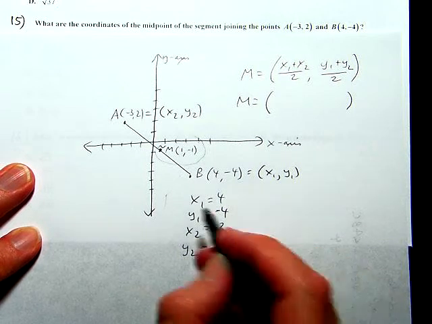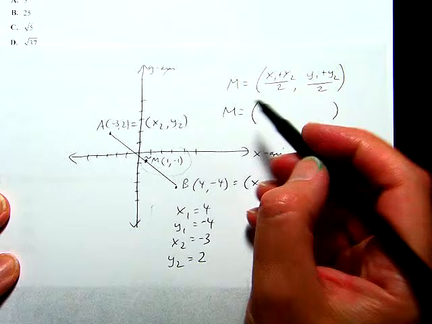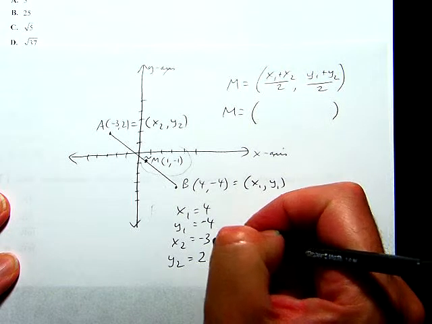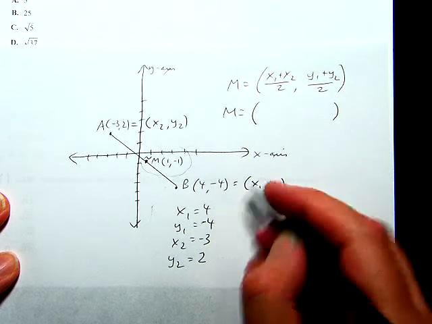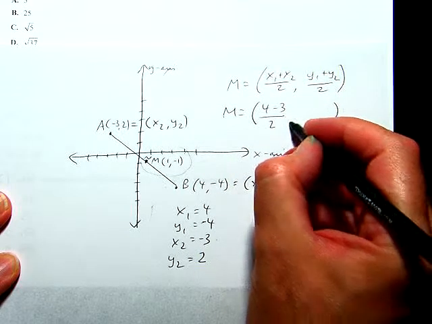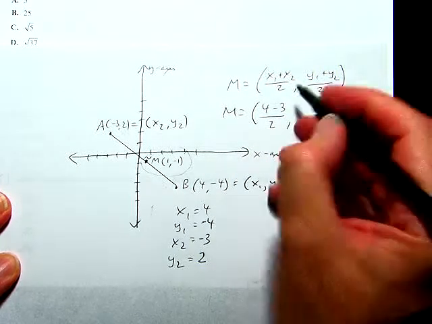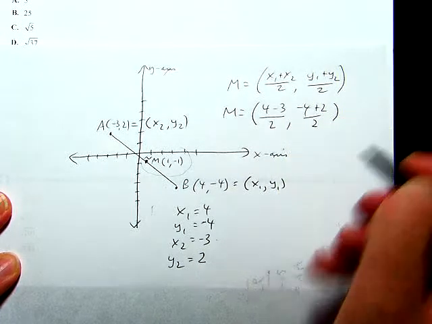You don't have to do this, but it might just help a little bit in making sure you don't make a mistake. So x1 plus x2 is +4 plus -3, or 4 minus 3. So we've got 4 minus 3 over 2, comma, and y1 is -4 plus y2 is 2 over 2.